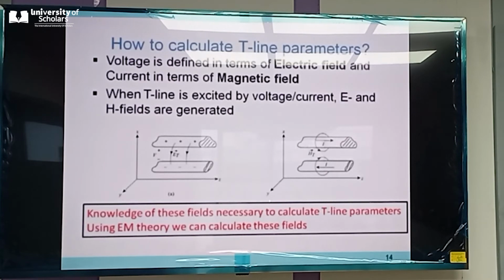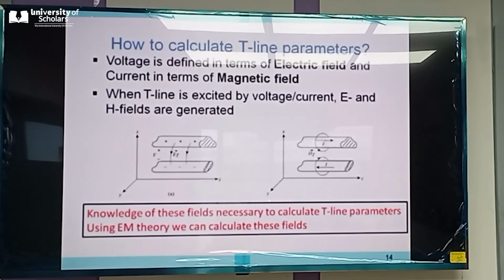Again, we have to go back to electromagnetic theory to understand where these parameters are coming from. For example, if you want to calculate the characteristic impedance, if you remember the impedance definition, the impedance definition is voltage divided by current.